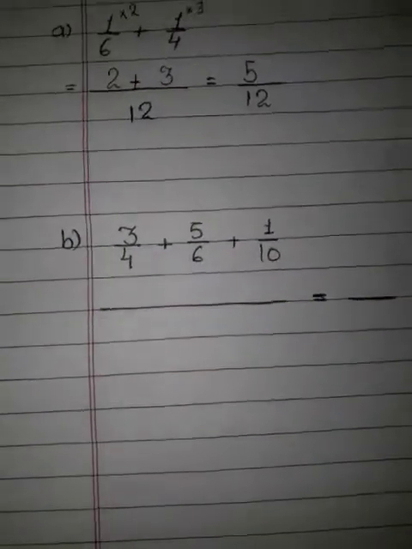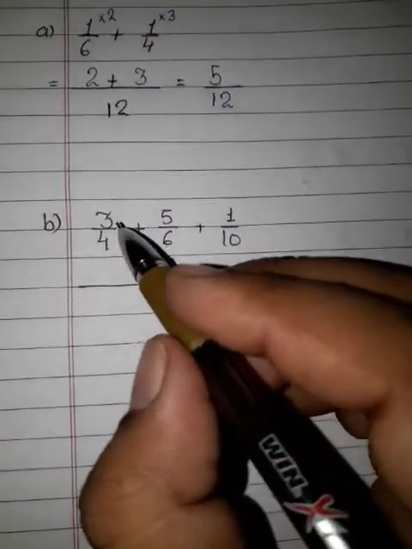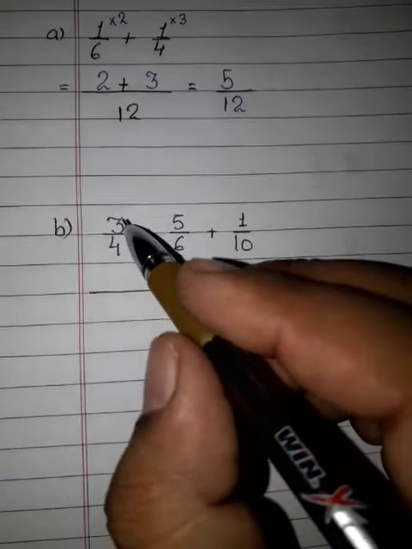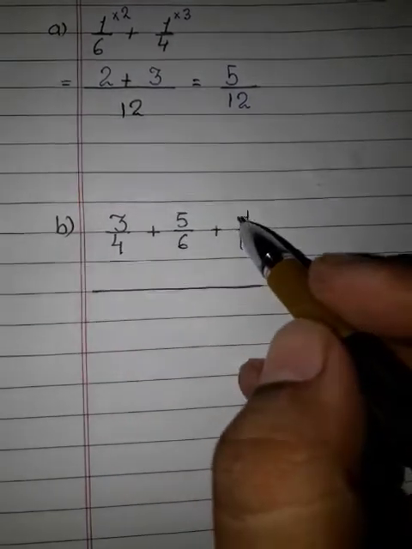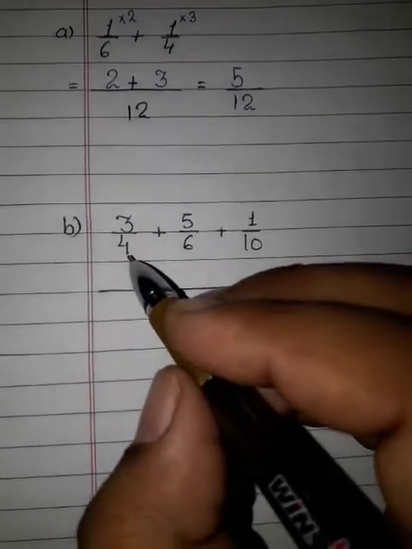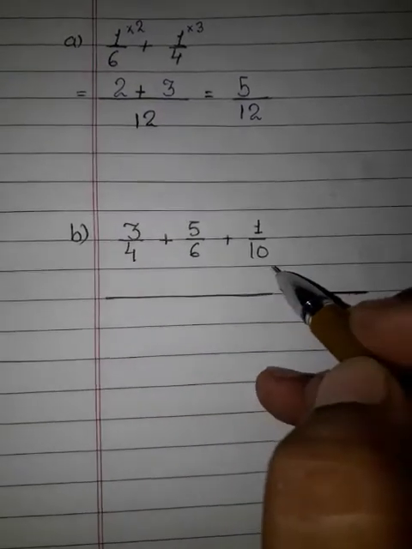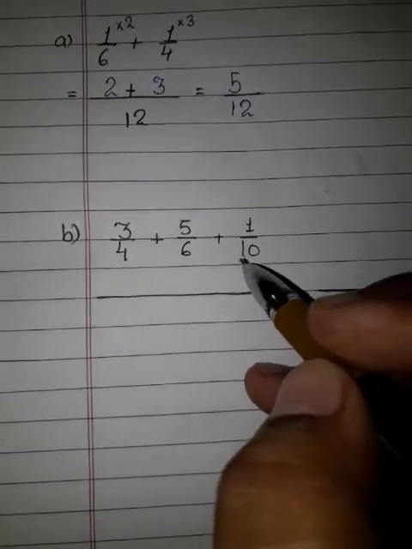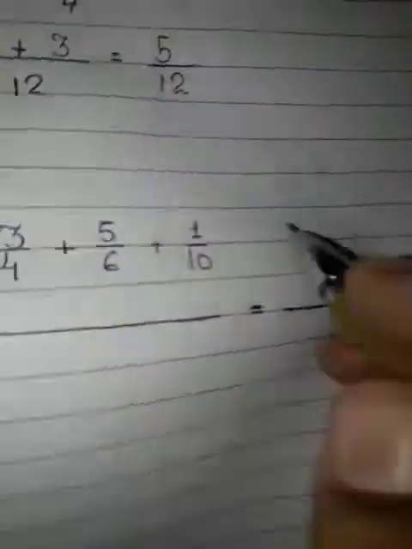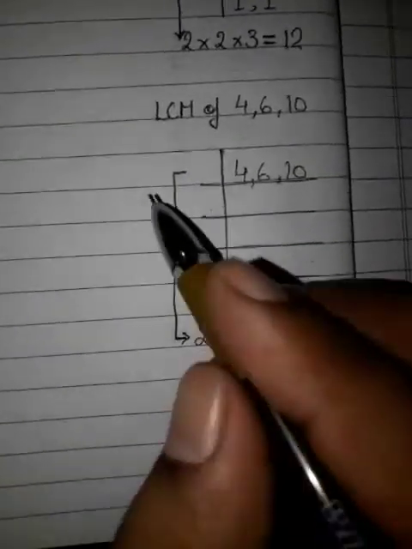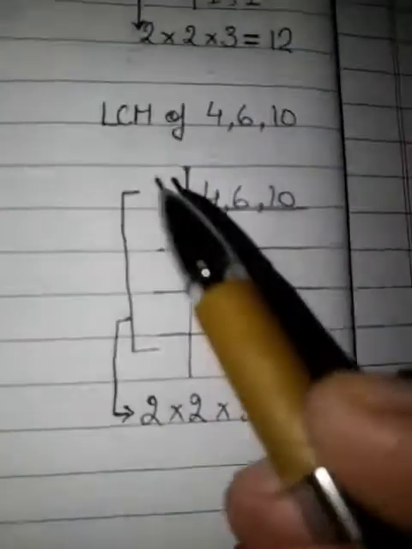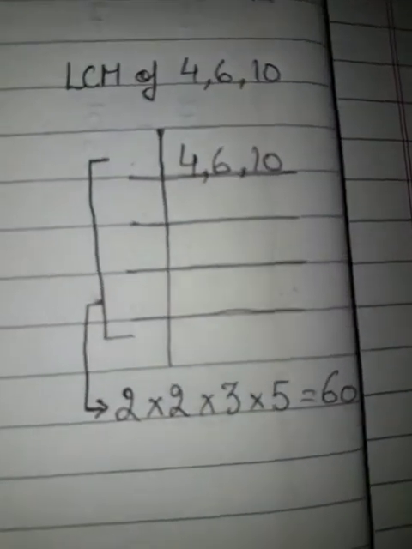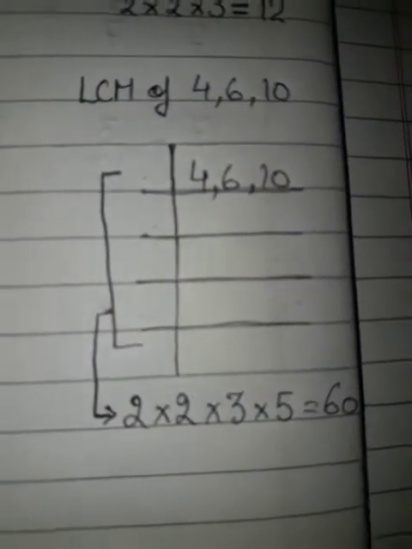One more example. It is an example with 3 fractions: 3 upon 4 plus 5 upon 6 plus 1 upon 10. Here again 4, 6 and 10, all 3 are different denominators. So we need to find the LCM of all the 3 numbers. So let's come here. We need to find the LCM of 4, 6 and 10.